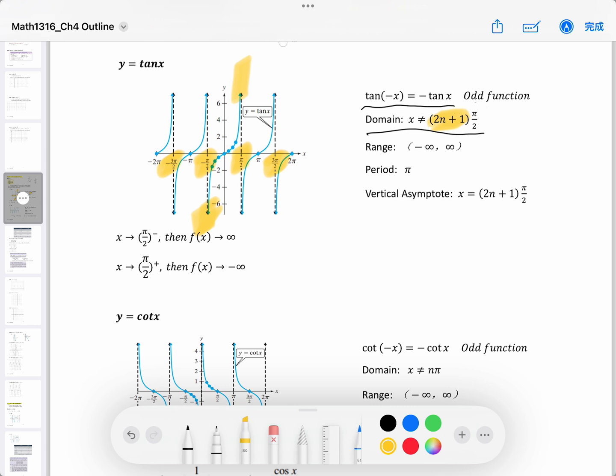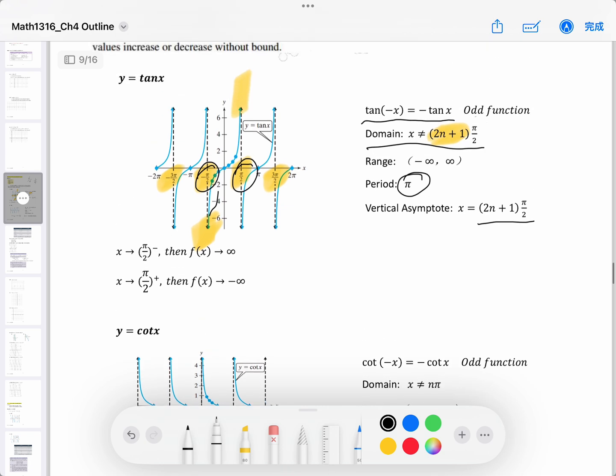Okay, period. Between two adjacent vertical asymptotes, we have one full cycle. For this one full cycle, the x value, for example, is from negative half pi to half pi. So the period is pi, the distance between negative pi over 2 and pi over 2. And the vertical asymptotes are at 2 times n plus 1 times pi over 2.